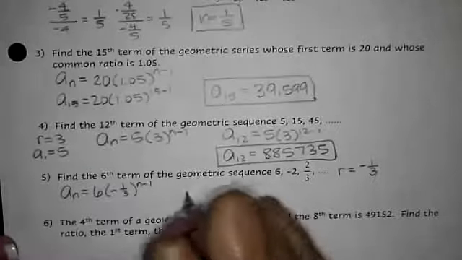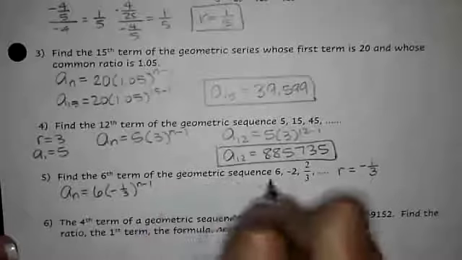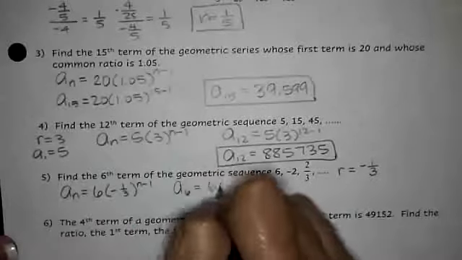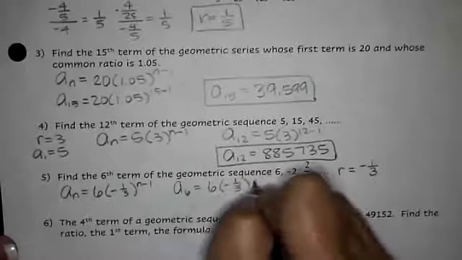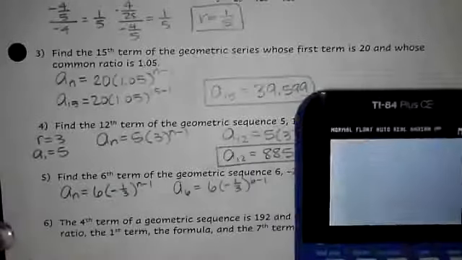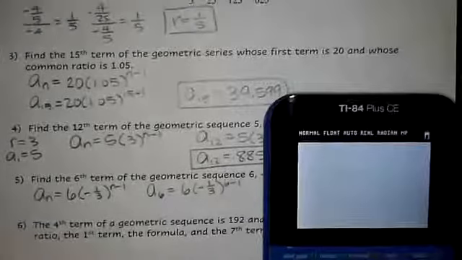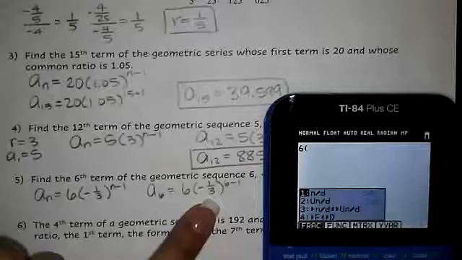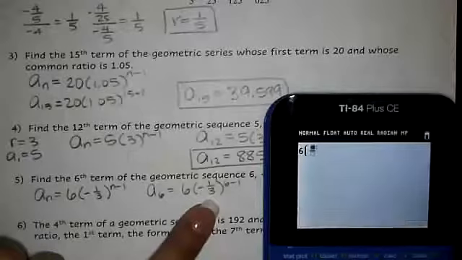And so when we put this in the equation to find the 6th term, we get 6 times -1/3 to the 6 minus 1. I'll show you how to put this in the calculator there. We get 6. If you want it to be a fraction, just like it looks like here, you're going to do alpha y equals numerator over denominator.